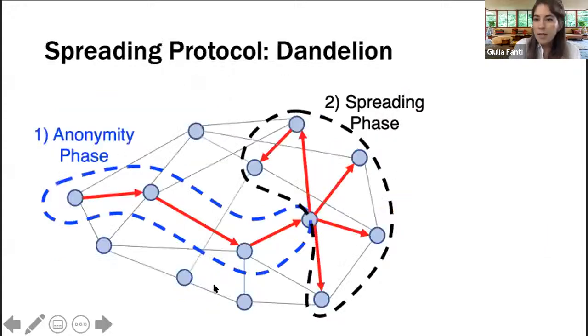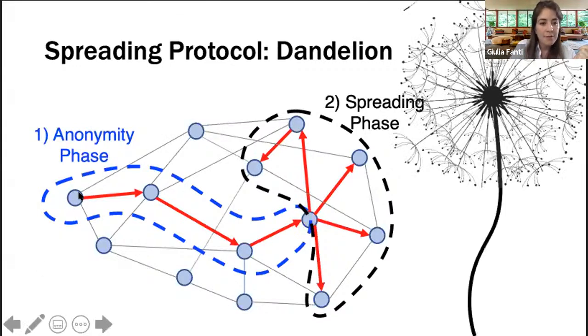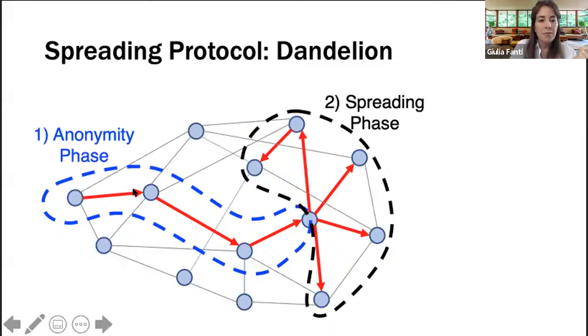So our attempt at this was a protocol called Dandelion, which basically, instead of launching a diffusion process that spreads symmetrically in all directions, is going to spread content asymmetrically. So if our source node is this guy here on the left, it's going to start passing the message over, not in all directions, but just over one of its neighboring edges.